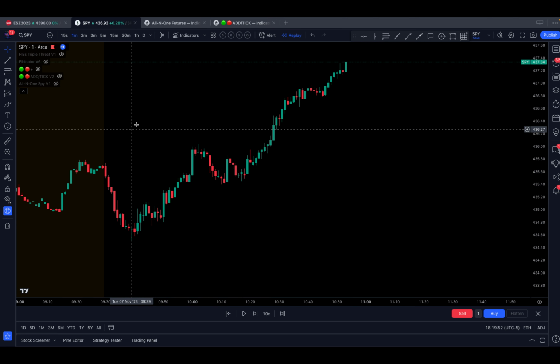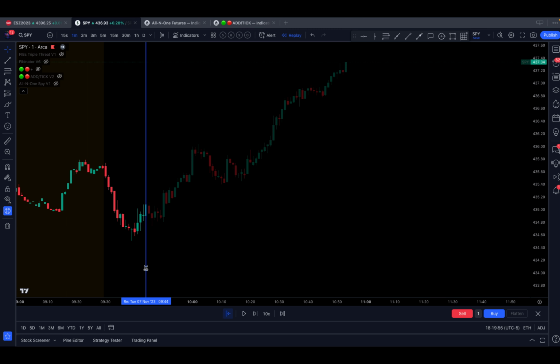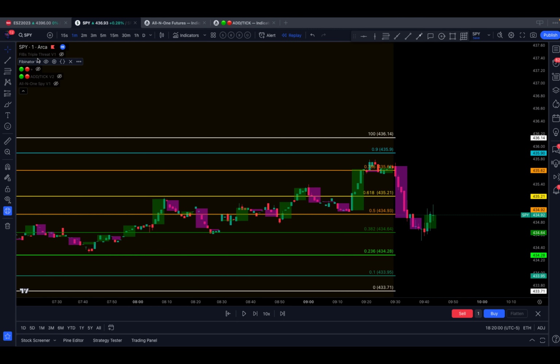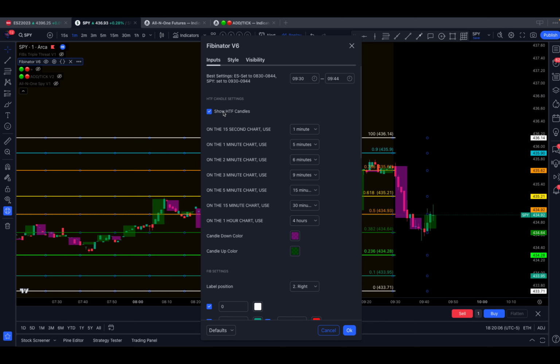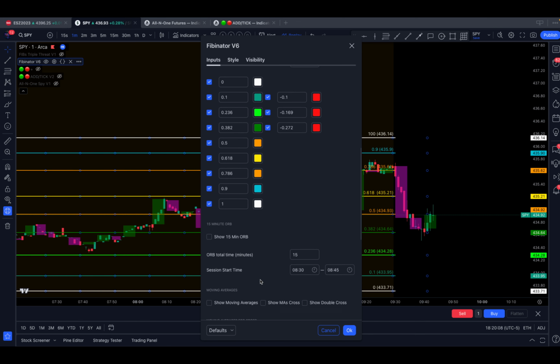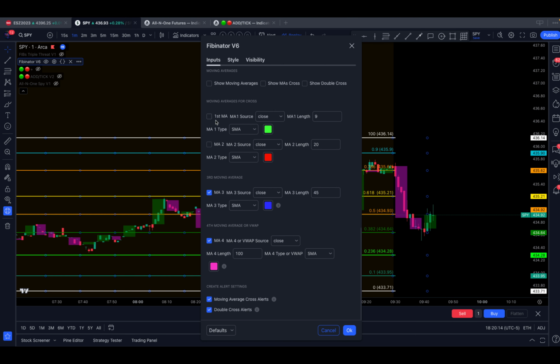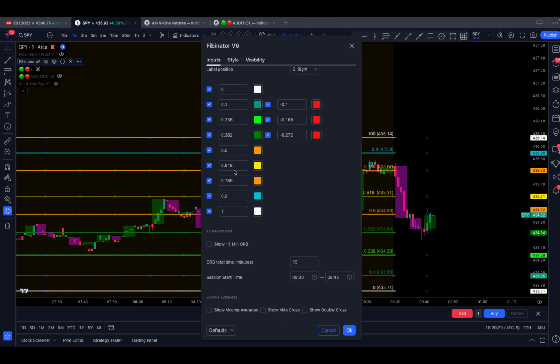So, that being said, with this Fibinator indicator here, first off, you can see that the higher time frame candles are included in it. And if you wish to do the ORB, it's included in there. I also have MAs in here. If you wish to turn on the MAs, you could come in here and turn them on also.